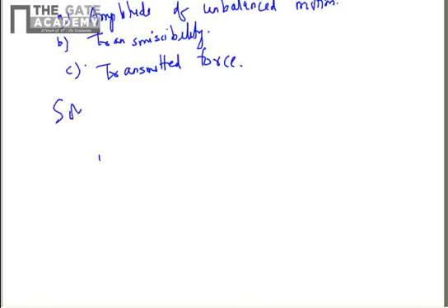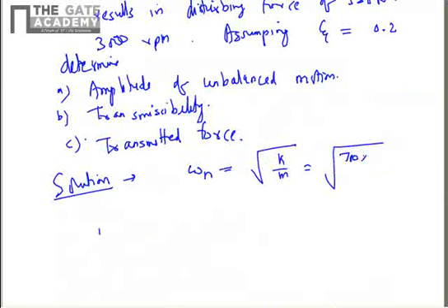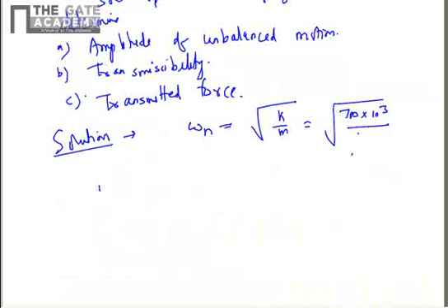The solution of this problem will use the formula that we have determined for forced vibration. First, we should determine omega n, the natural frequency of the system, which we get from the square root of k by m. K is given here as a spring stiffness of 700 kilonewtons, so 700 into 10 power 3. The mass of the system is 100 kg. So you get omega n nearly 120 radian per second.